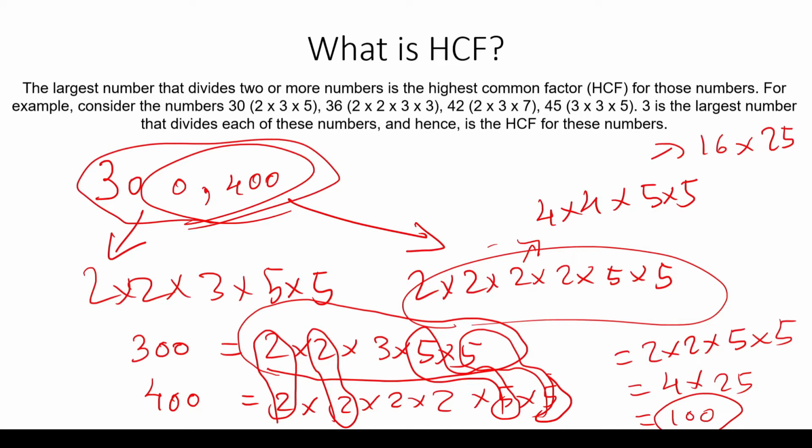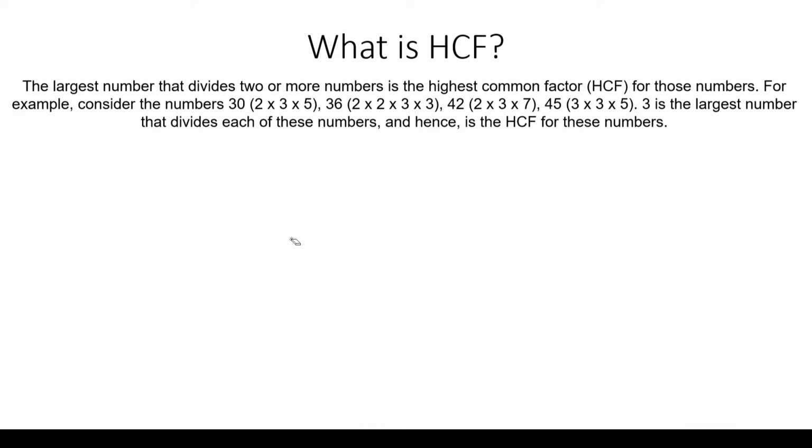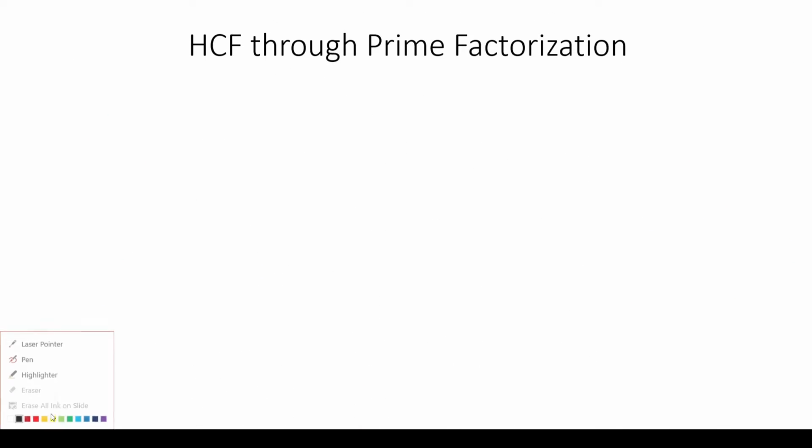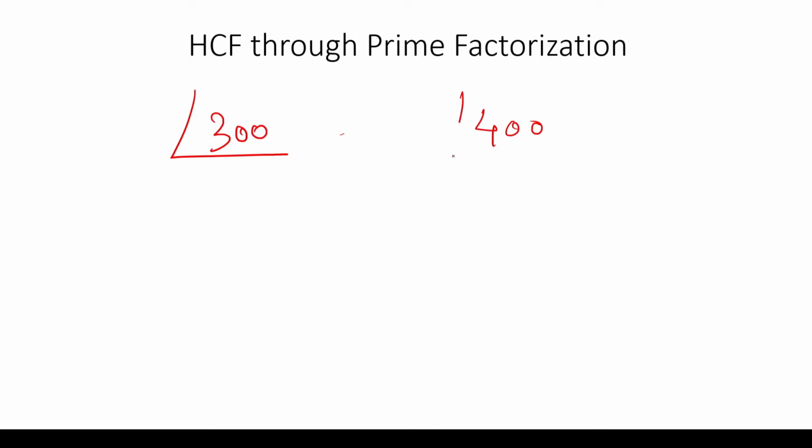So now we will learn what are the methods to find HCF. The first method is HCF through prime factorization. How to find the HCF through prime factorization? Take the numbers, like we have taken 300 and 400, and keep them like this. Now divide it by the smallest number that divides it.